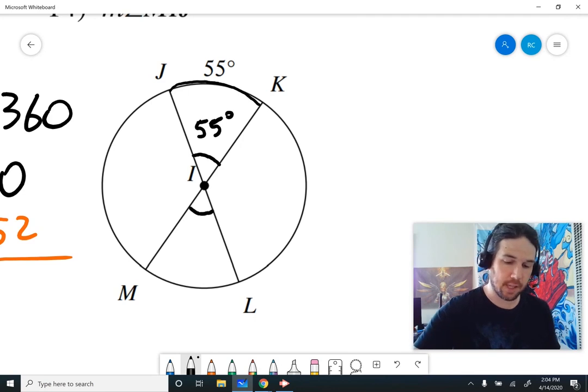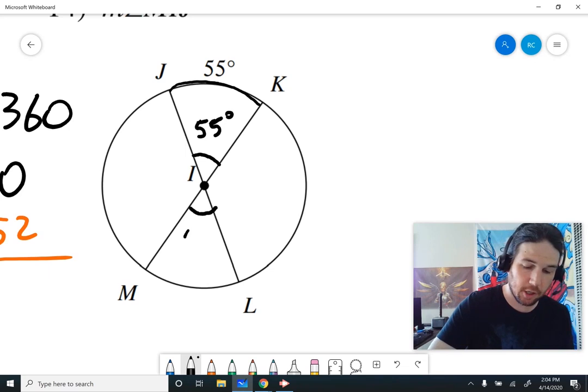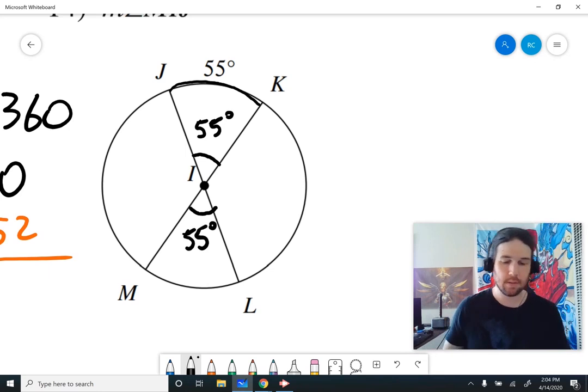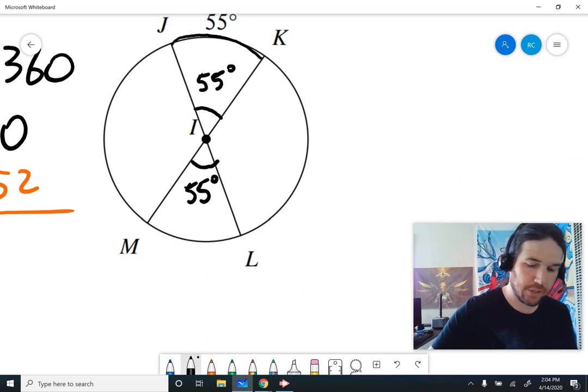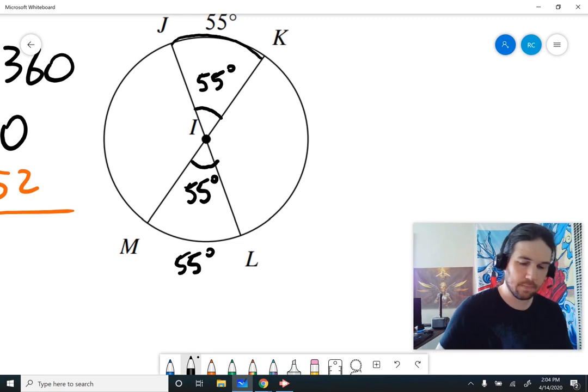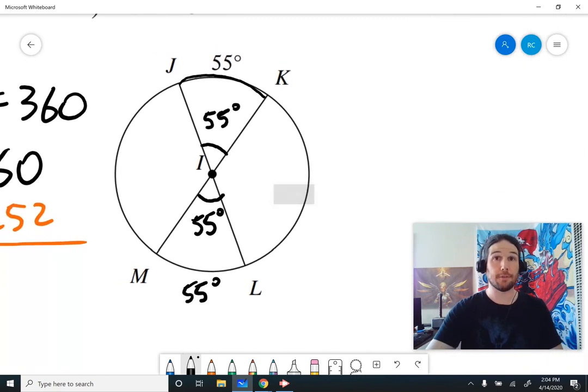But because it's vertical angles, this angle MIL is also 55 degrees, which means this arc ML is also 55 degrees. So far, so good.